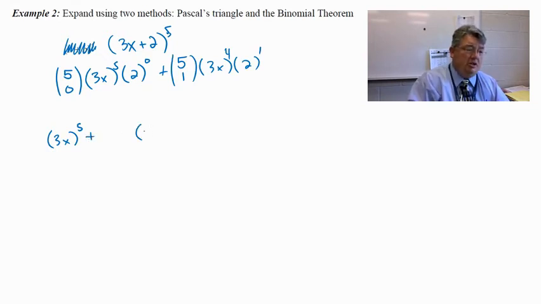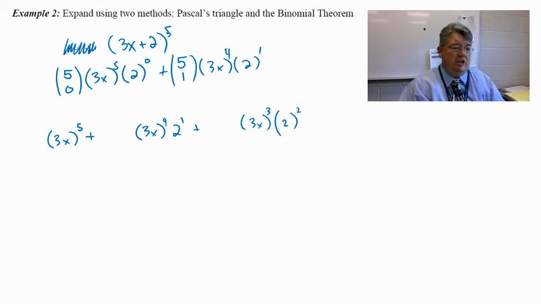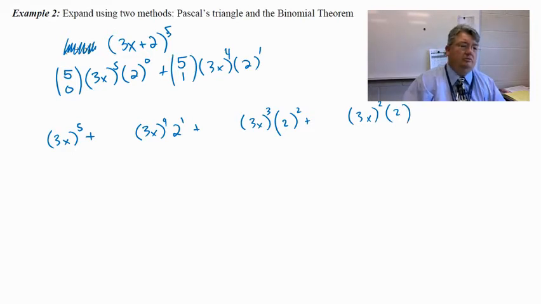The next term is going to have 3x to the power of 4 times 2 to the 1. See it? 4 plus 1 is 5. Next one is going to be 3x to the power of 3 times 2 to the power of 2. See it? Cool. Plus 3x to the power of 2, 2 to the power of 1.